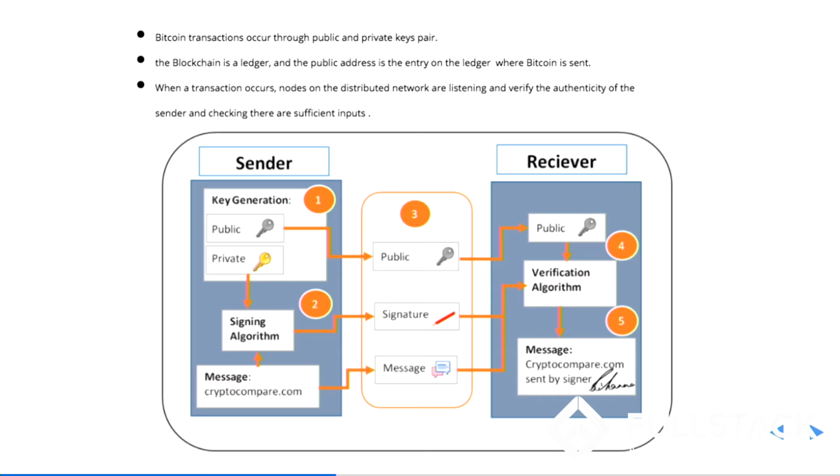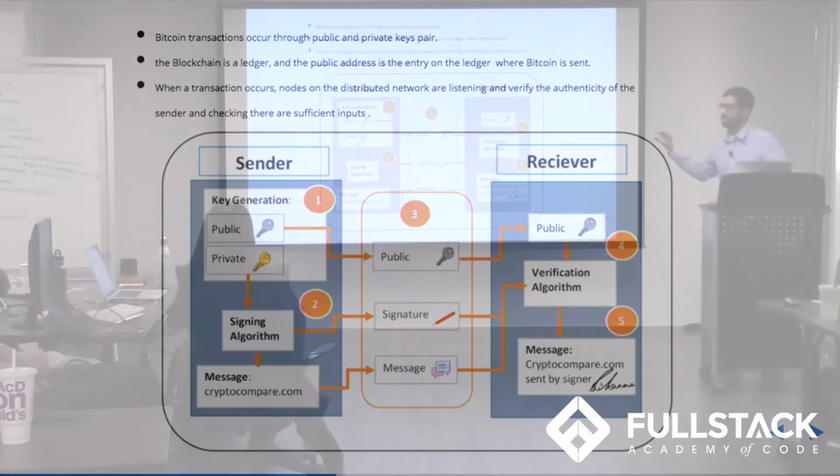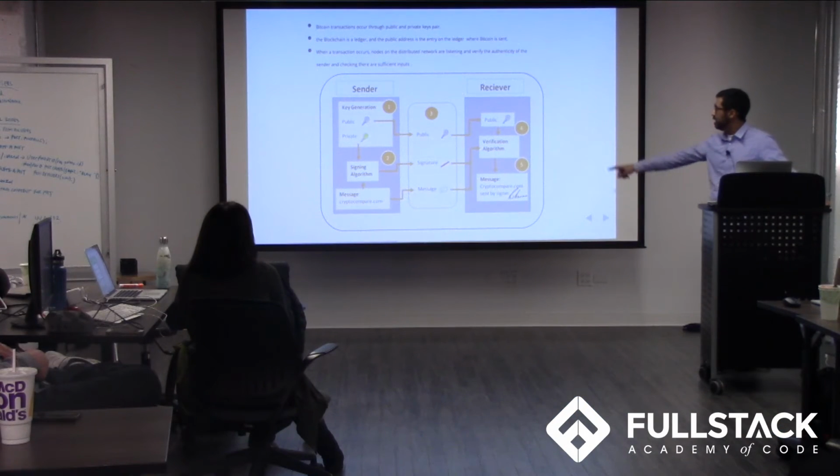That's a publicly known address, and it's associated with a private key. This private key is known only to the owner of the Bitcoin, and it's necessary to generate an output, to send money. So whoever has access to the private key can spend whatever Bitcoin is at the associated public key.